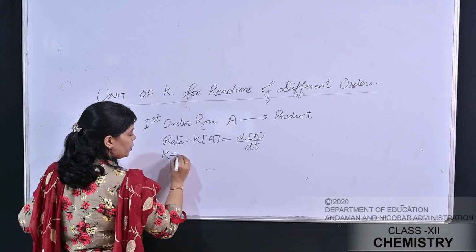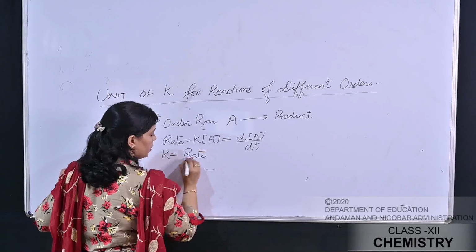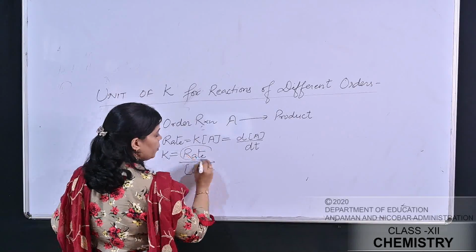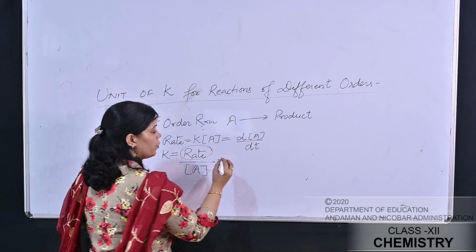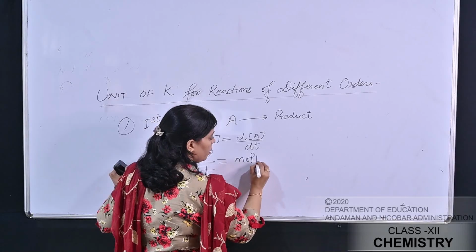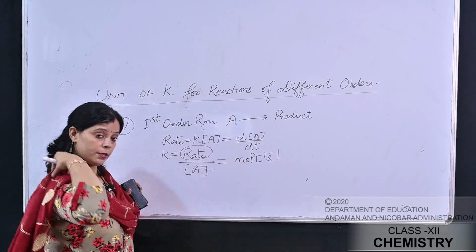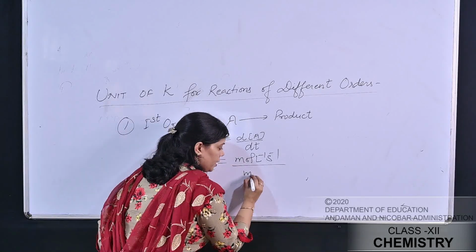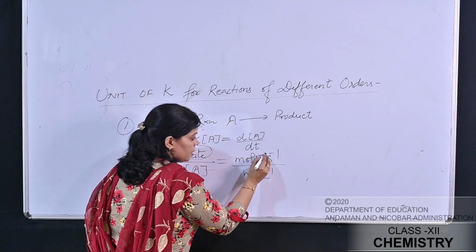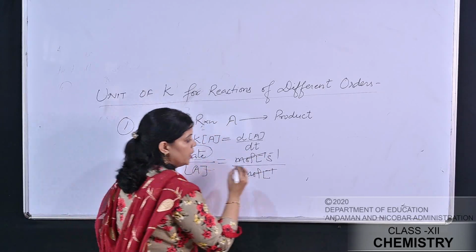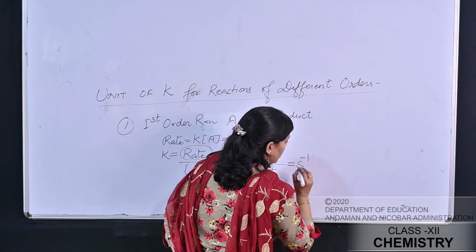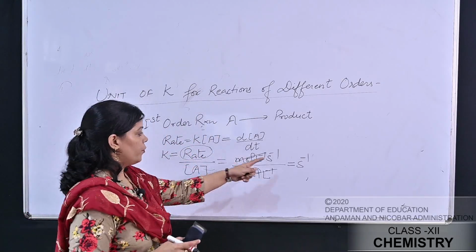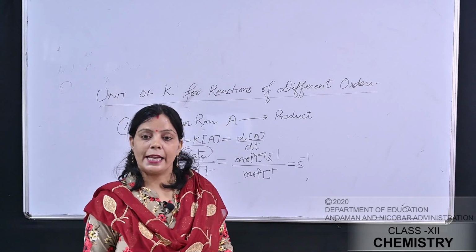Then K is equal to rate divided by the concentration of A. What is the unit of rate? The unit of rate is mole per liter per second. Students, next, what is the unit of concentration? The unit of concentration is mole per liter. These two cancel out and we get the unit of rate constant for a first order reaction, which is second inverse.